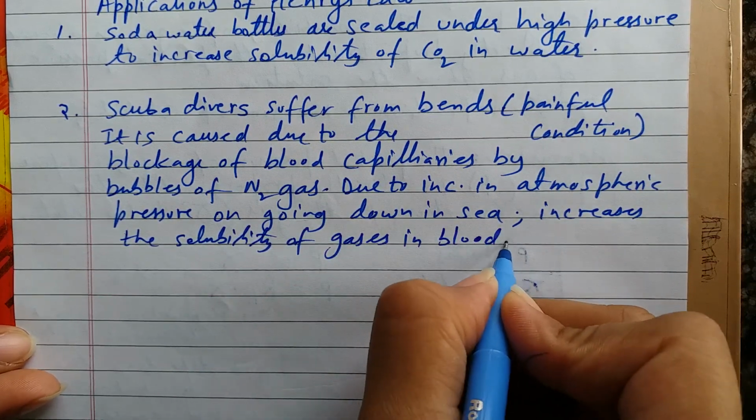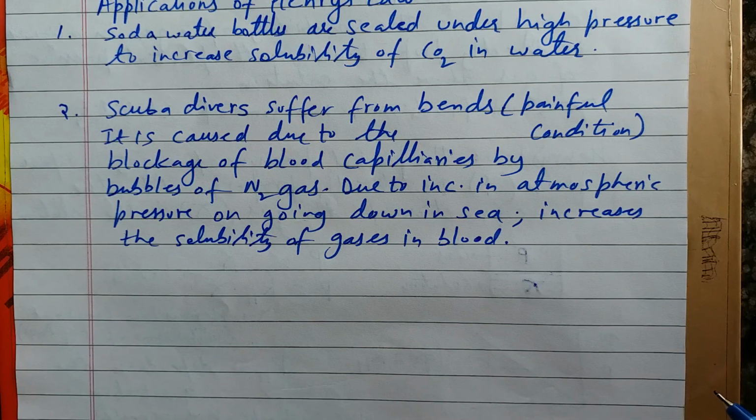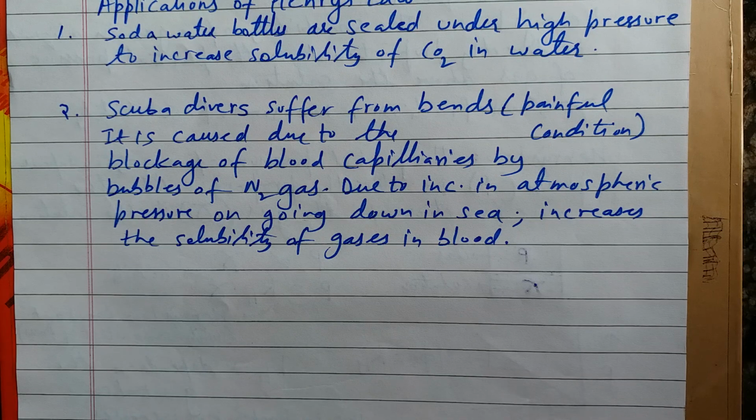Okay, so as the diver goes down in the sea, the atmospheric pressure will increase, and because of this the solubility of gases in blood will also increase. So gases will start to flow through blood at a very fast speed. This will create bubbles of nitrogen gas, and that will block the blood capillaries. This is a painful condition which is known as bends.